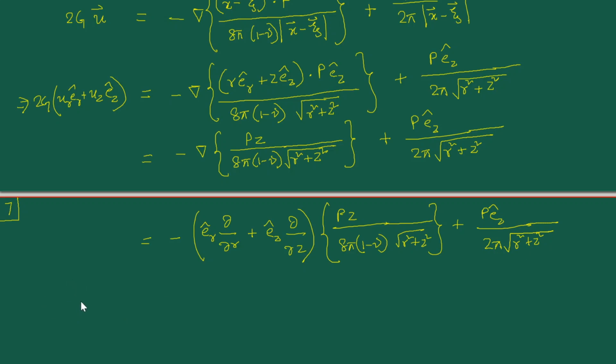So what we'll have is twice G ur will be equal to just the coefficient of the er on the right hand side, and that's going to be minus del r of this entire thing, Pz divided by 8 pi into 1 minus nu into r square plus z square, and we don't have any other term here.